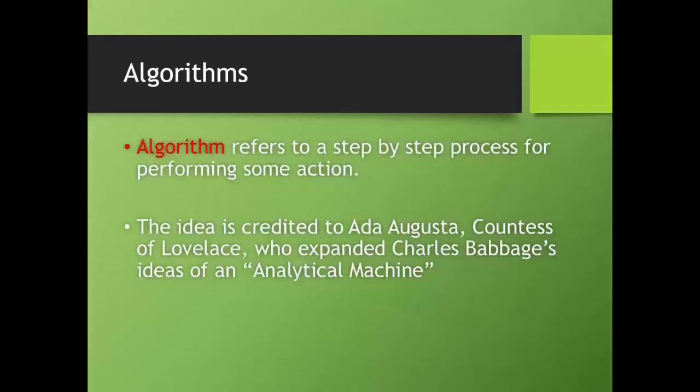The idea is credited to Ada Augusta, the Countess of Lovelace, who expanded on Charles Babbage's ideas of the analytical machine. Charles Babbage is the one who's basically understood to be or accepted to be the father of modern computing. But the idea of something that would compute something for you has been around for a little while and wasn't really solely Charles Babbage's.